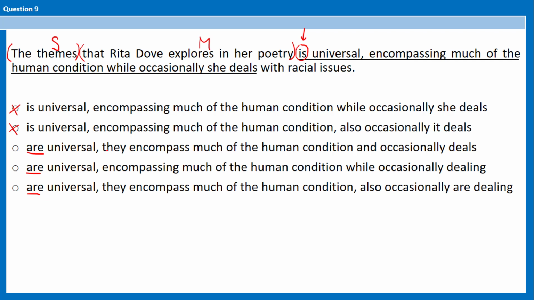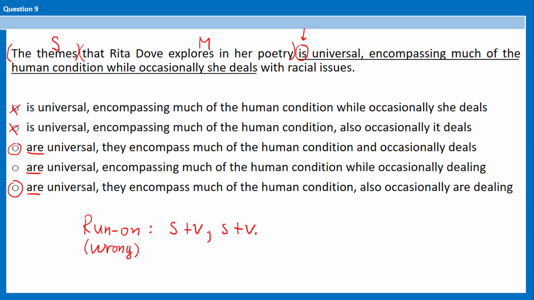Then take a look at number 3 and 5 because they are both run-on sentences. Remember that a run-on sentence is a frequent mistake that occurs when you combine 2 main clauses, subject plus verb, comma, subject plus verb.